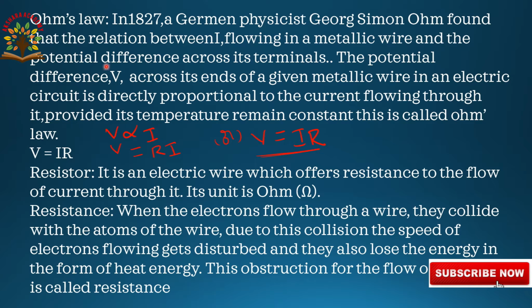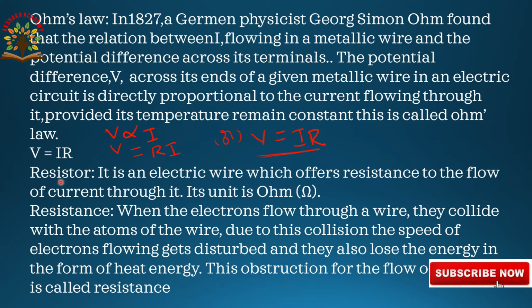This is about Ohm's law, resistor, and resistance. Ohm's law says potential difference is directly proportional to the electric current. Mathematically, V is proportional to I, so V is equal to IR, where R is the constant, that is resistance. What is a resistor? It is an electric wire which offers resistance to the flow of current through it.